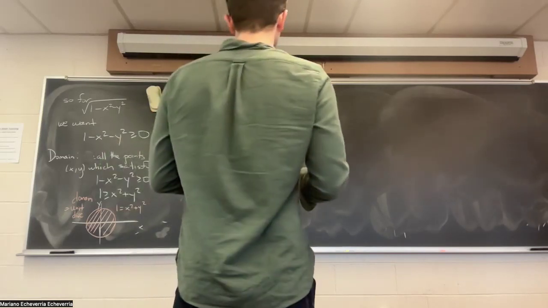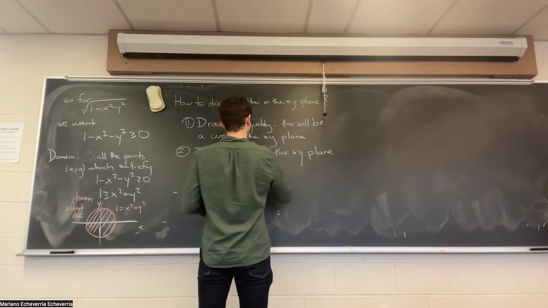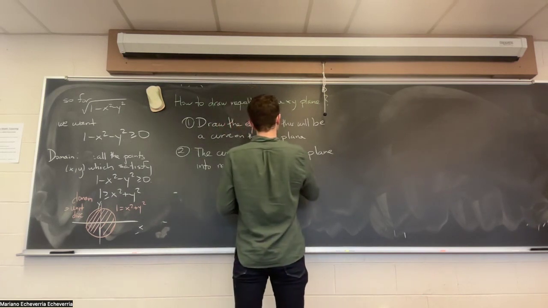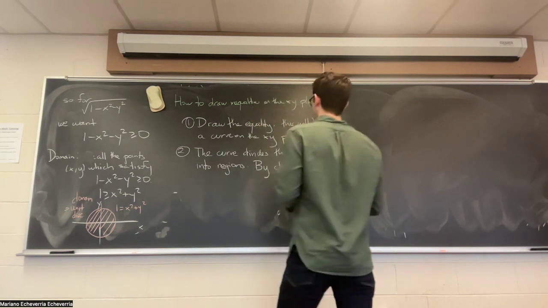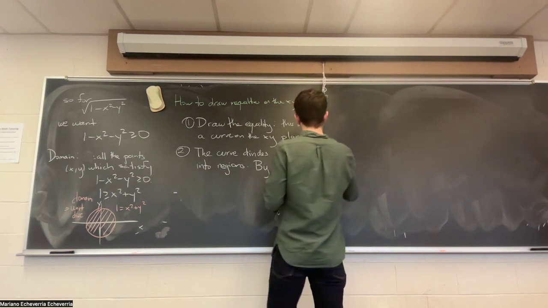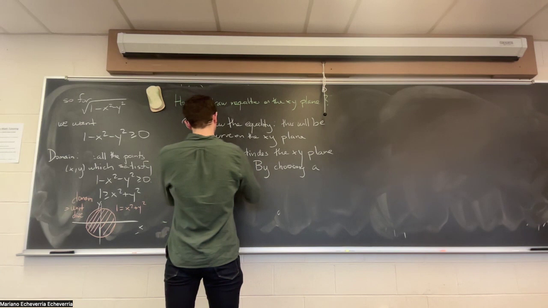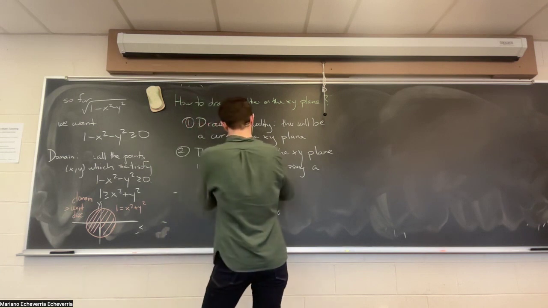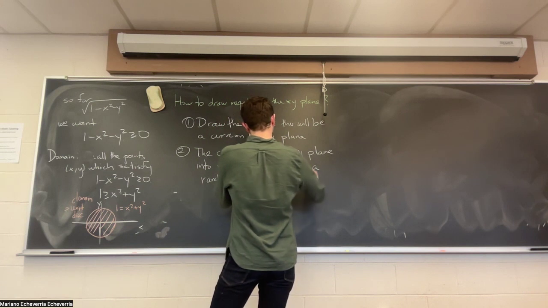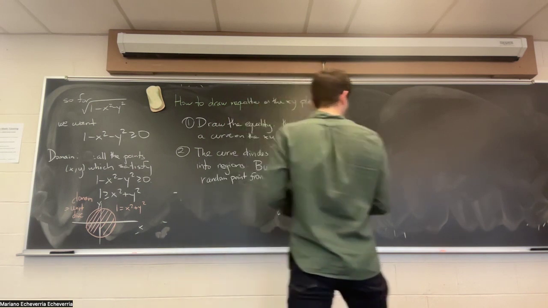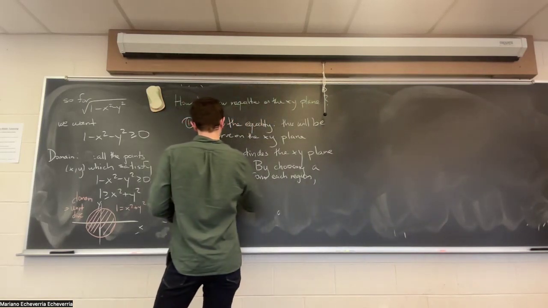By choosing a random point from each region, you check whether the inequality is satisfied or not.